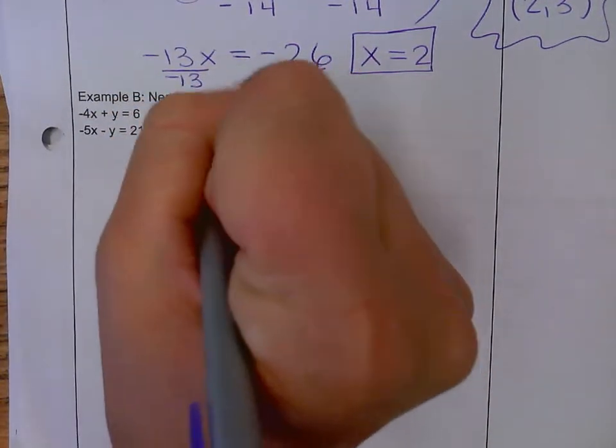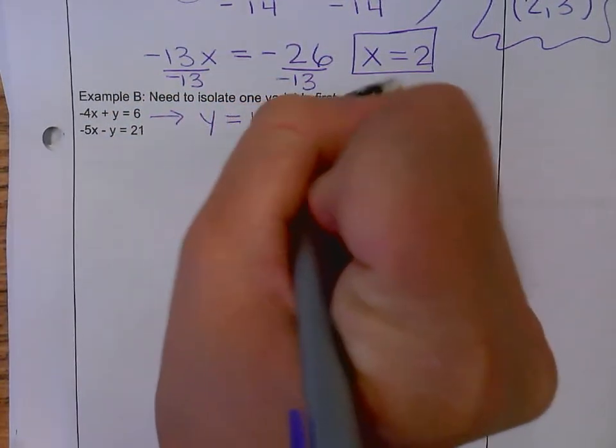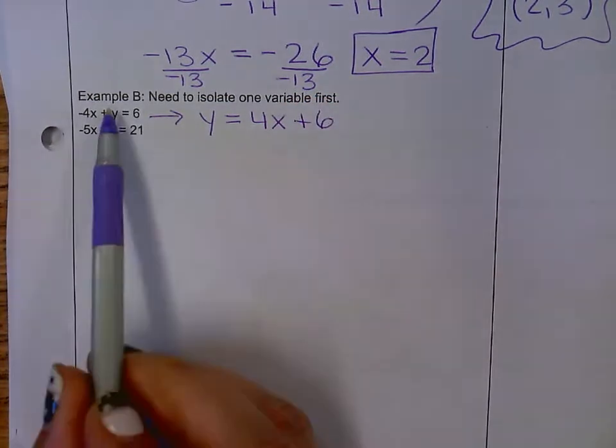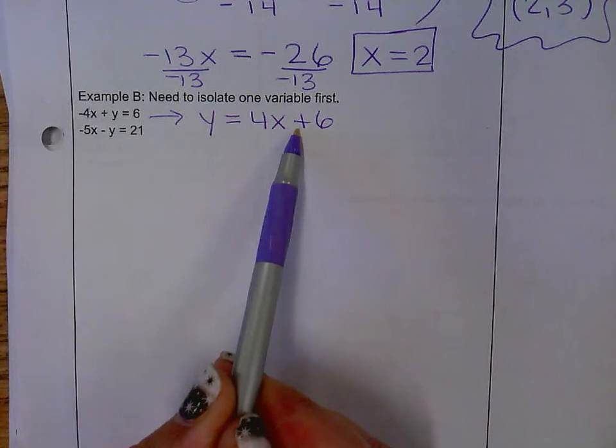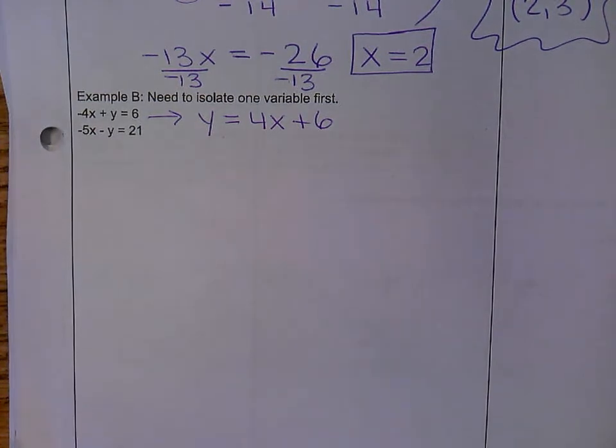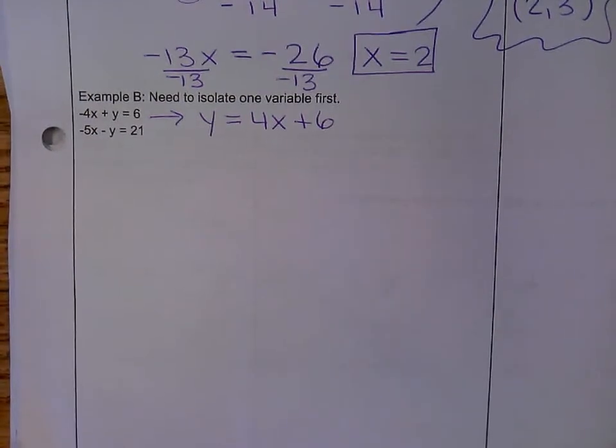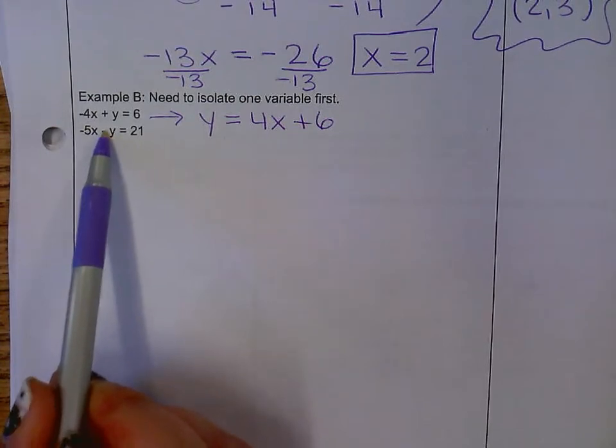So I'm just going to rewrite this over here, and I'm going to say that in the first equation, y has to equal 4x plus 6, because I'm adding 4x to the other side. Pick whichever one is easiest. If it says 5x plus 3y equals 39, I wouldn't choose the 5x or the 3y. I would skip down and try this equation. This y is almost by itself.